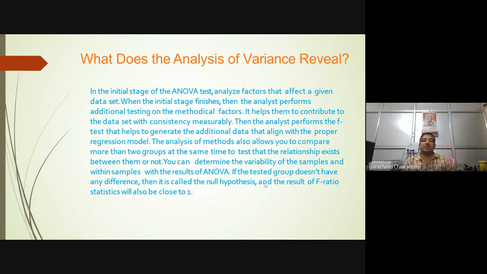The F-test is a very popular test that helps generate additional data that aligns with the proper regression model. ANOVA also allows you to compare more than two groups at the same time to test whether a relationship exists between them or not. So you can determine the variability between samples and within samples with the results of ANOVA. If the tested groups do not have any difference, then it is called the null hypothesis, and the F ratio statistic will also be close to 1.